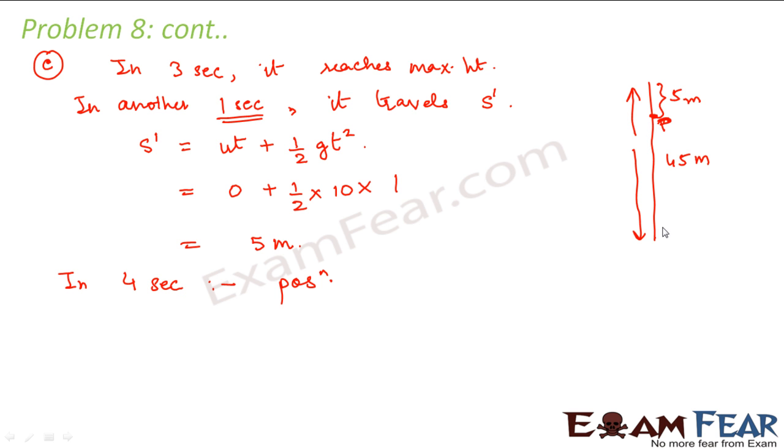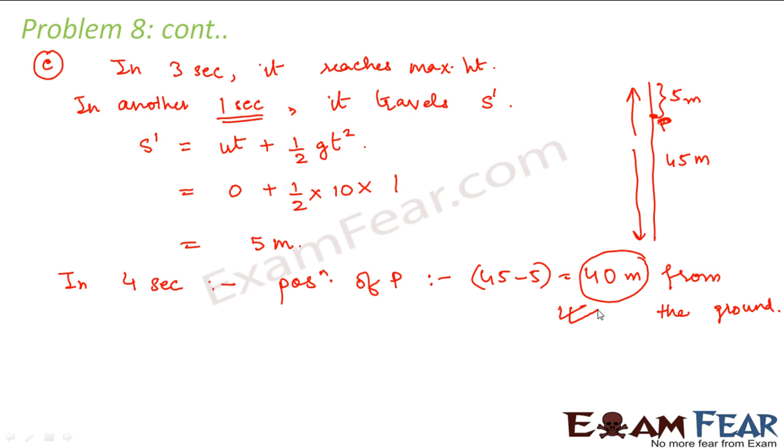So we have to find out the position of this point P. So position of point P will be 45 minus 5. That is equal to 40 meters from the ground. So this would be the position of the stone after 4 seconds.